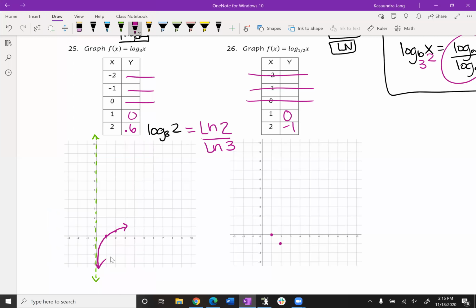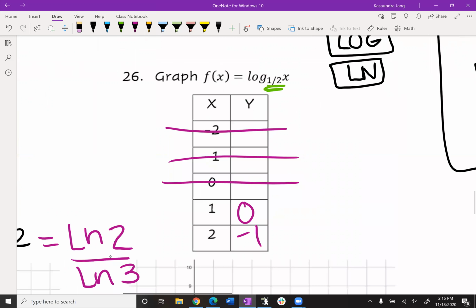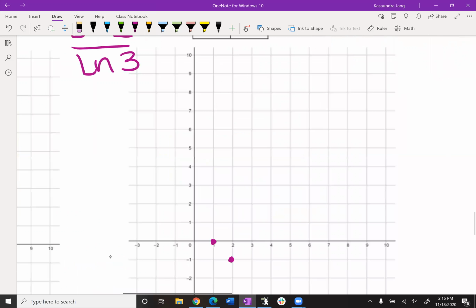And, okay, let's clarify real quick. This is a log base 1/2, right? Which is a half, between 0 and 1. So my base is between 0 and 1. I'm in this category. My log will look kind of like this. It still has an asymptote at the y-axis, so it gets really close to the y-axis, just up top. All right, so asymptote right here. There's my y-axis.